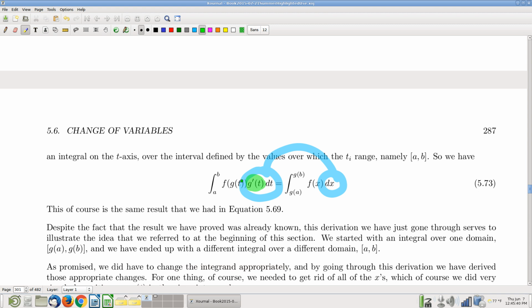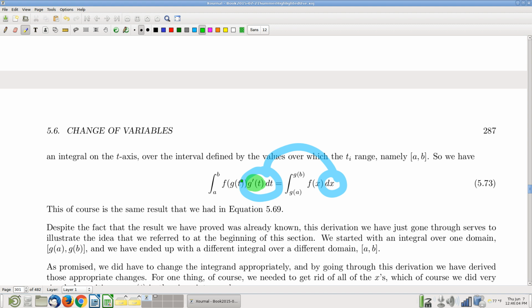So the main thing you have to remember is when you do a substitution, don't forget to plug in what I like to call the stretching factor, the factor by which a little piece of the t-axis got stretched out to make a little piece of the x-axis. Okay? So the derivative, conveniently, is the stretching factor. You've got to remember to put that in there.